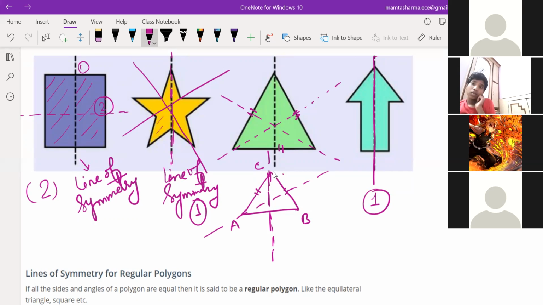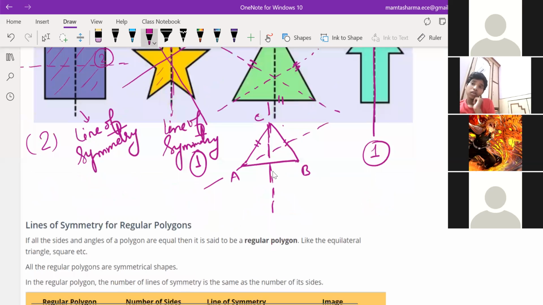Because this is an isosceles triangle, so this length will not be equal to this length.